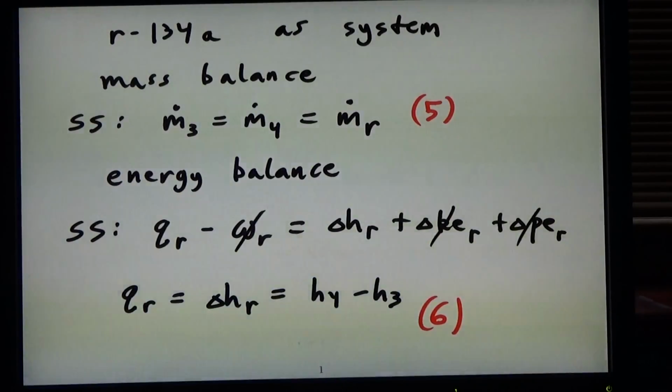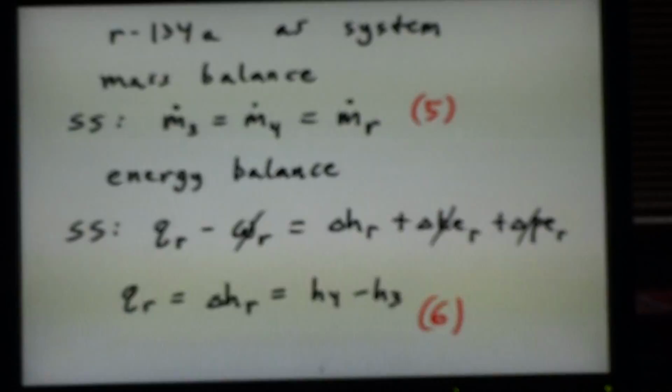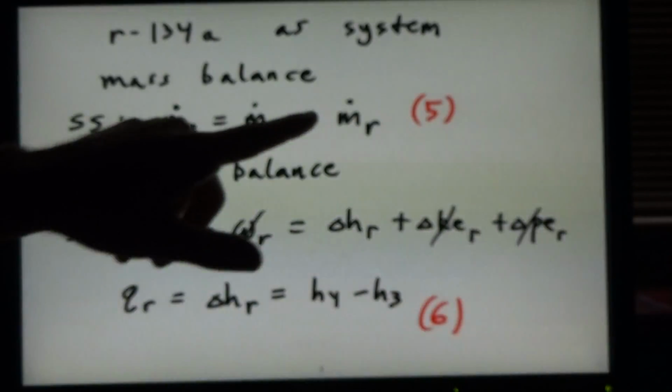Alright, so let's start off by looking at equation 1 and using some of the information that we found about the mass flow rates from 5 and 3.